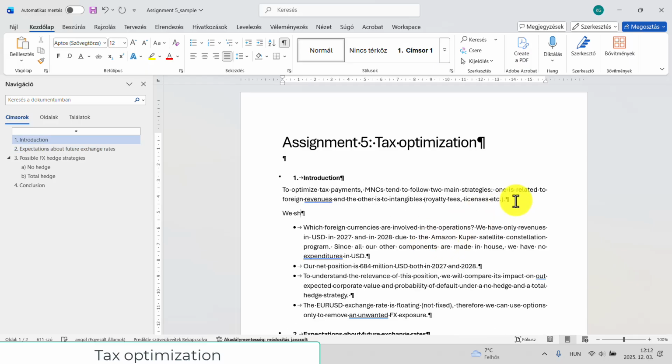We should compare the following strategies.